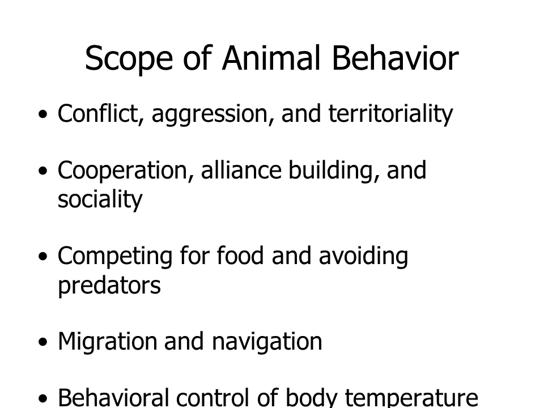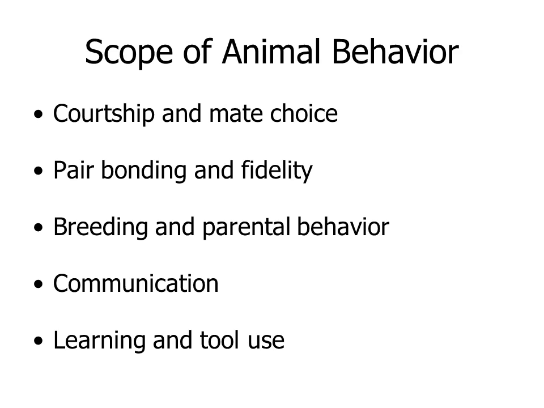The scope of animals' behavior is vast and varied. There's an impressively long list of well-studied topics. Scientists have studied conflict, aggression, territorialness, cooperation, alliance building, competing for food and predators, avoiding predators, migration, body temperature. We could keep going.